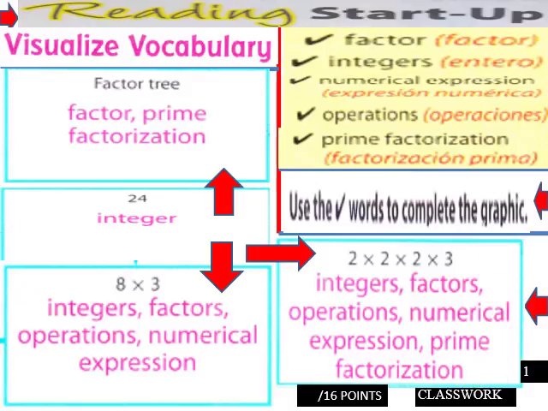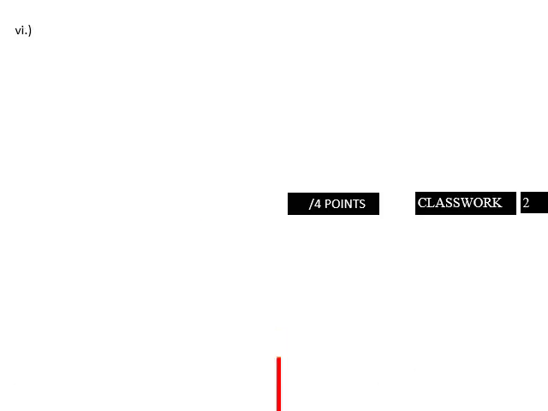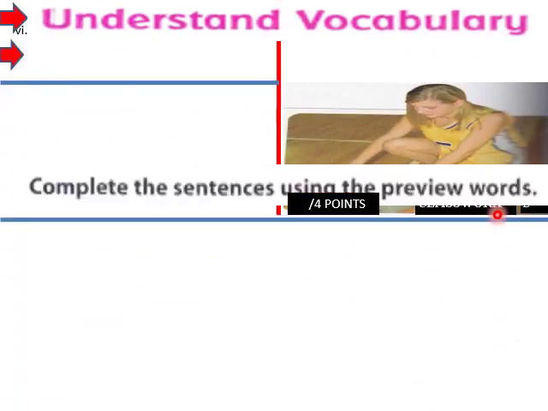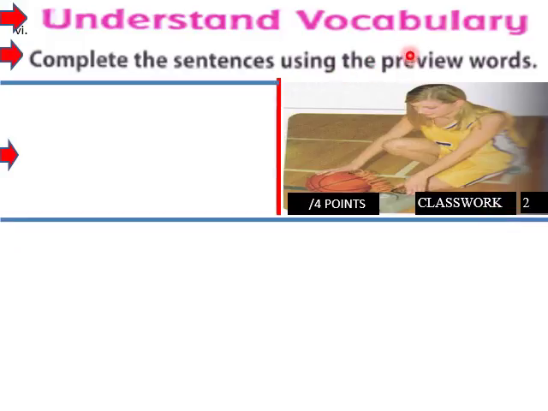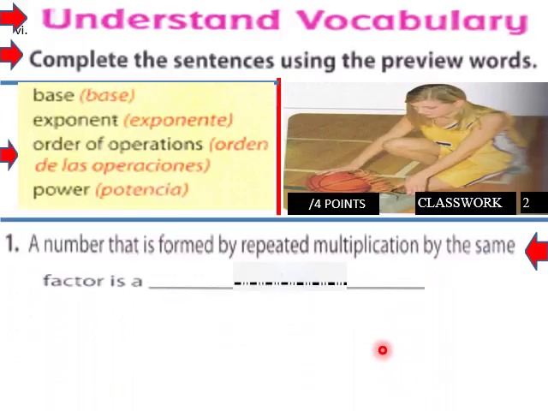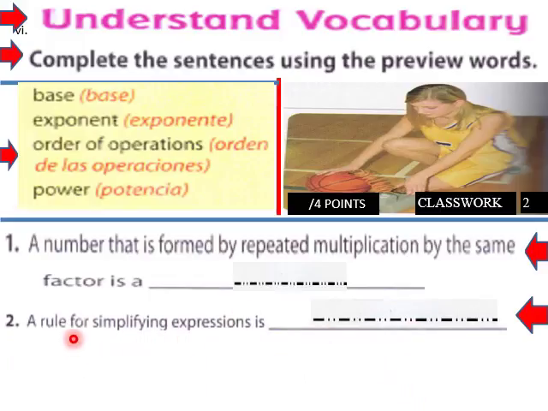Classwork page 2. Understanding vocabulary. Complete the sentences using the preview words: base, exponent, order of operations, and power. You choose from these words up here to fill in down here, students.